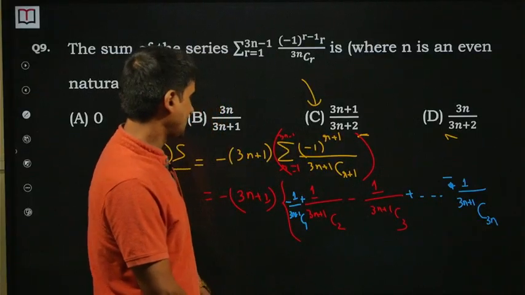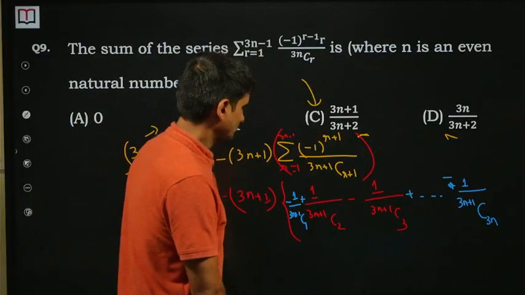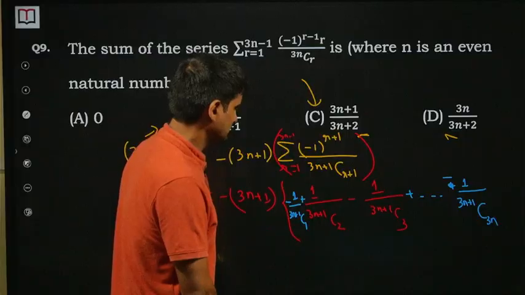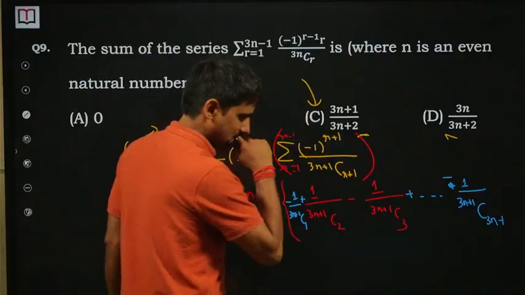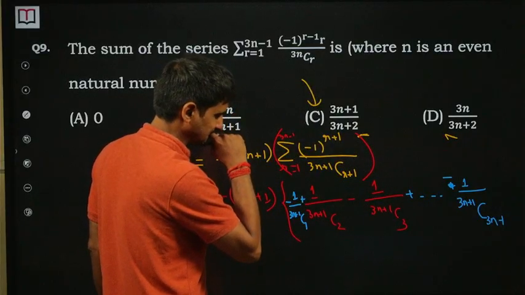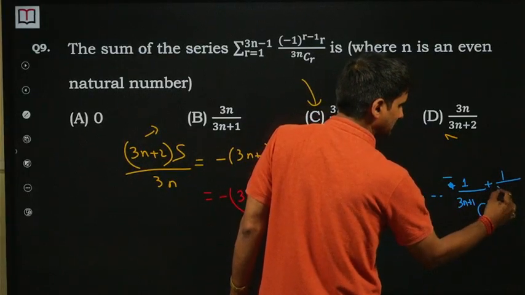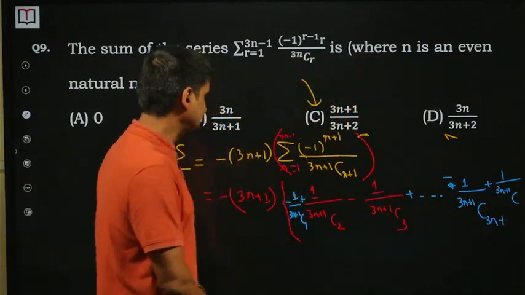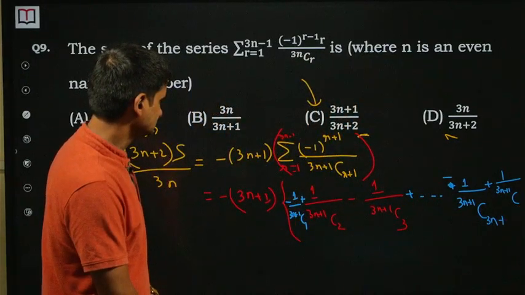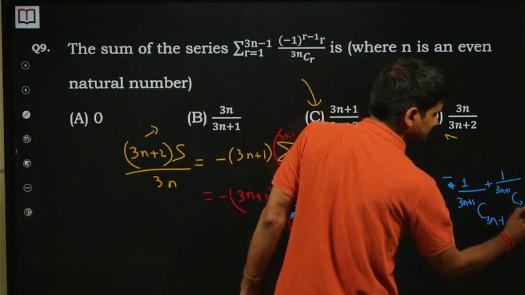When r is 3n minus 2, it's minus 1, no? It's odd. Plus 1 upon 3n plus 1 C... It's not going till the last term.